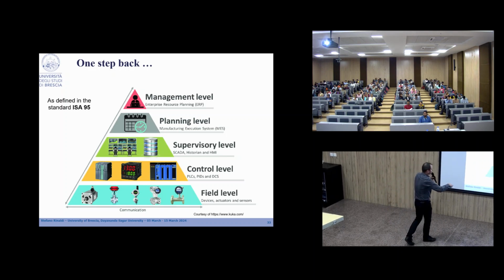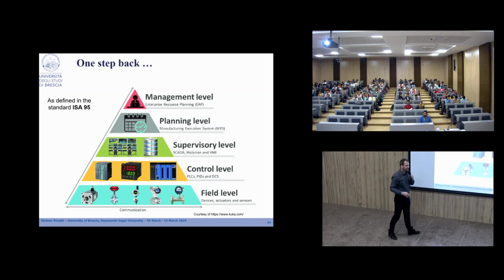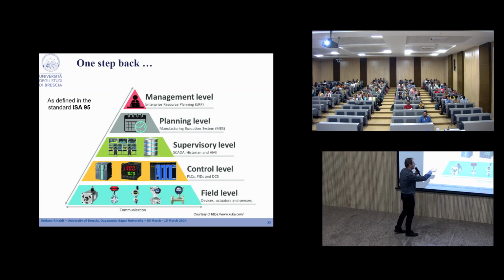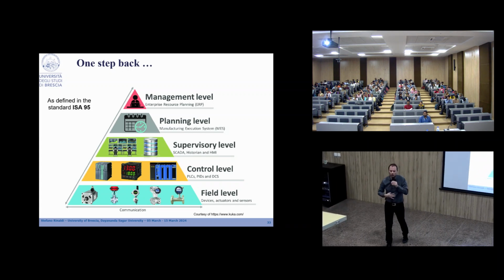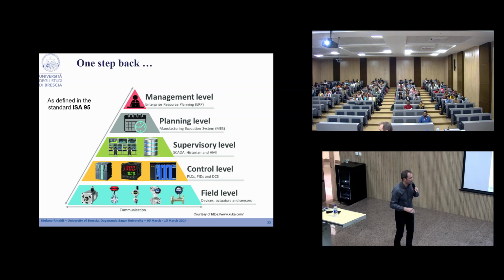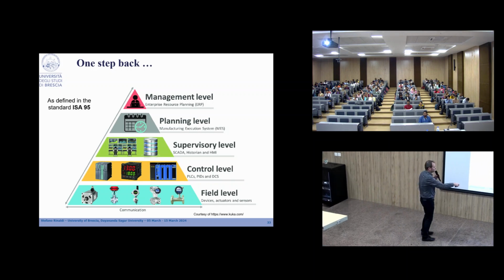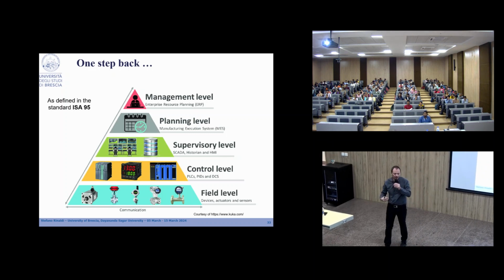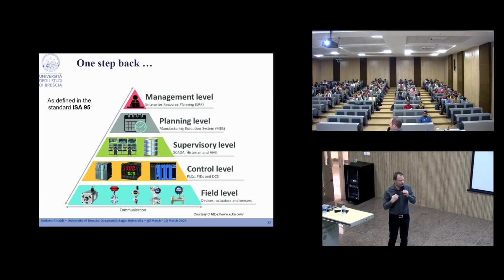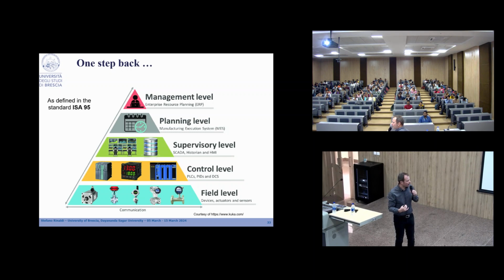As you can see from the picture here, generally all the equipment and devices of each level have the possibility to communicate, to exchange information horizontally inside the same level, using a communication system at the same level.